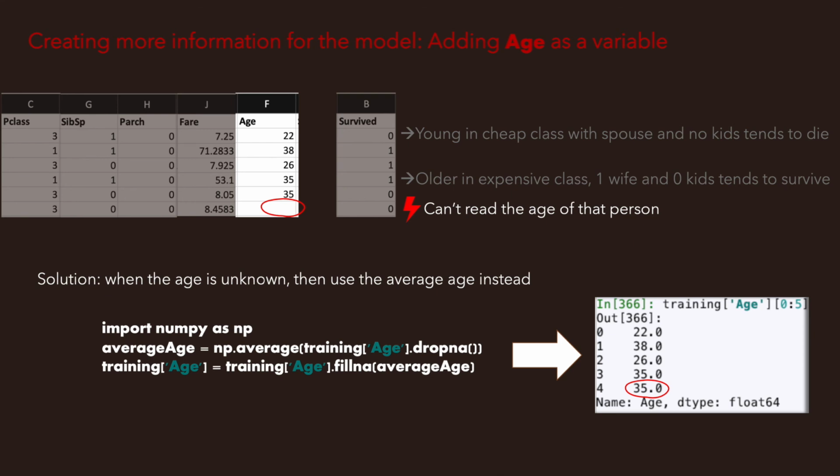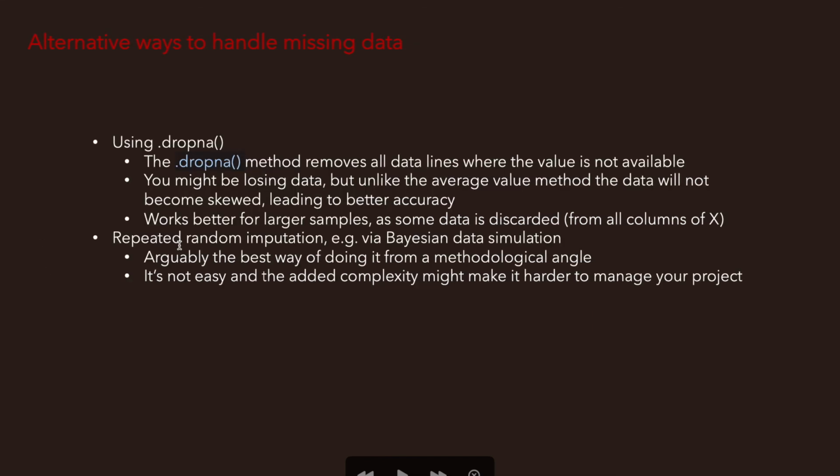It is a method that, if you don't have many missing values and you have a fairly large sample size, you can do. The advantage is it would not bias your data typically.